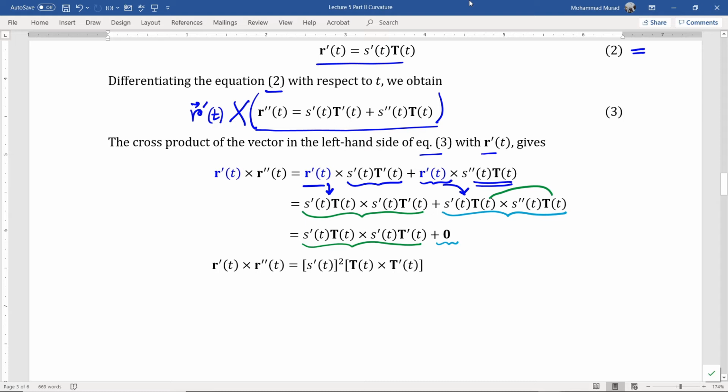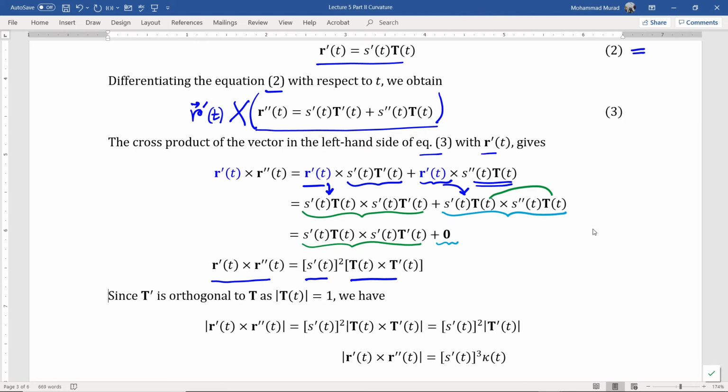Therefore, r prime cross r double prime equals the square of s prime times the cross product of the vector t with t prime.